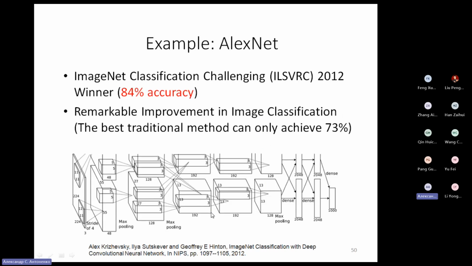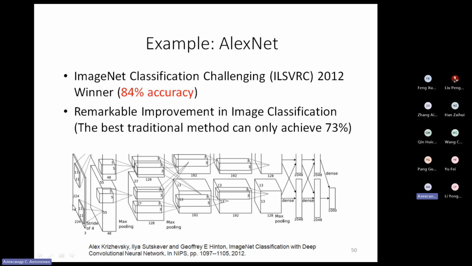Next example, more layers. AlexNet on ImageNet was the winner of 2012, so more than 10 years ago, and a very remarkable improvement in image classification. The best traditional method on this ImageNet, a very huge database, reached only 73%, and AlexNet 84% accuracy.